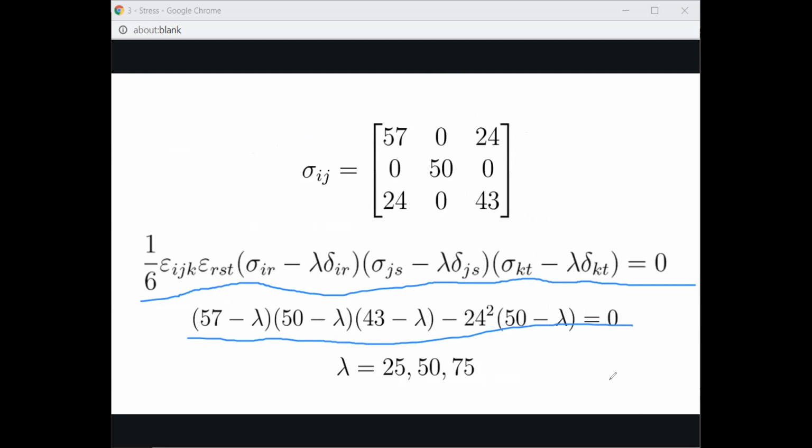Okay, so at home, since medyo mahaba-haba ito, I want you to verify this equation, just as a practice na rin for expanding indicial notation. And if you solve this cubic equation, you should get 3 values of lambda, which are 25, 50, and 75. These are the principal stresses.